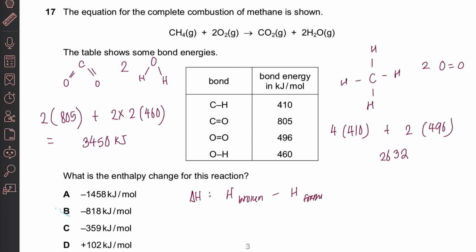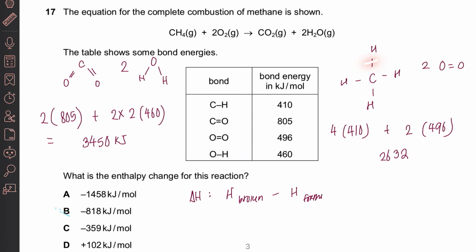On the other hand, this is for the reactants. You have methane, CH4, and 2 oxygen molecules, so you have 4 CH bonds, 4 times 410, plus you have 2 oxygen, and oxygen is O double bond O, 496. This will give you 2632. Now this is going to be bonds broken minus bonds formed.